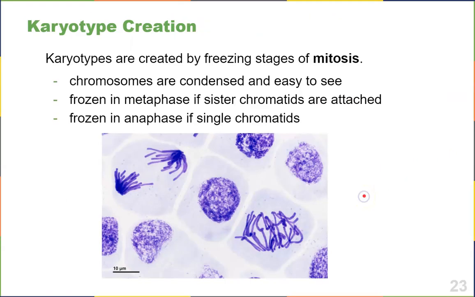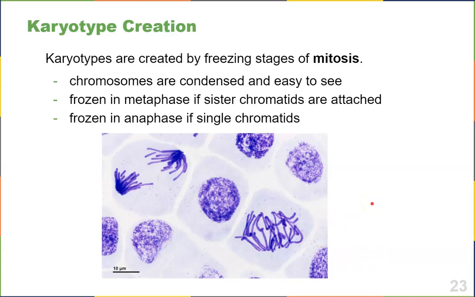So, karyotype creation, more about that. This is kind of what the doctor would look at under the microscope. The chromosomes are usually frozen at certain stages of mitosis, so that they can see the chromosome shapes individually.